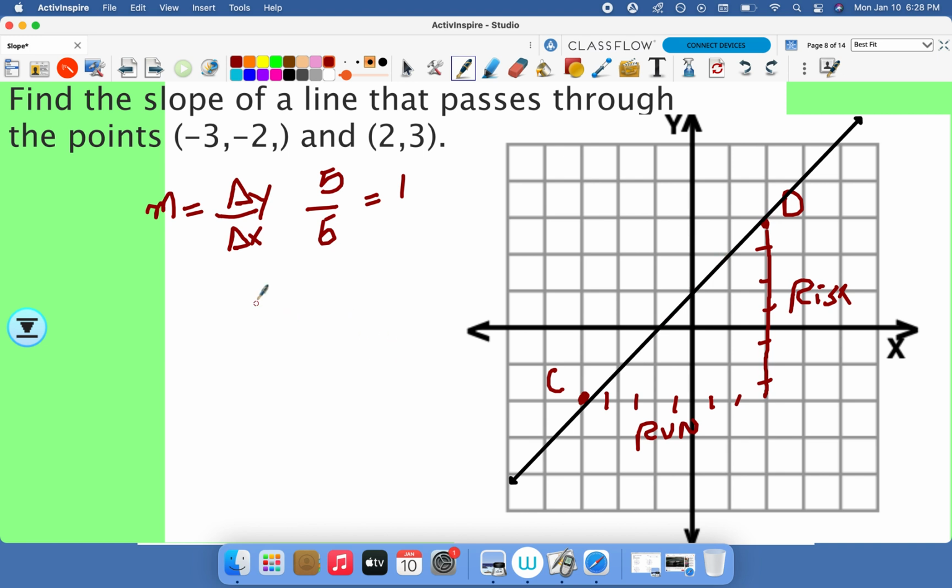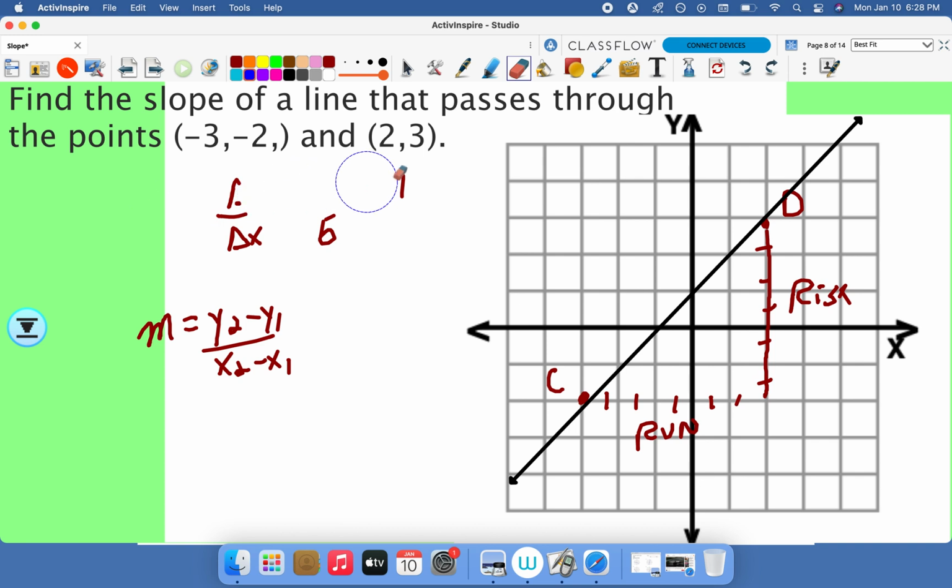Now, if we do it using the formula, m equals y2 minus y1 over x2 minus x1, just to prove a point. This time, just to be a little different, let's call these x2, y2, and this will be my x1, y1.